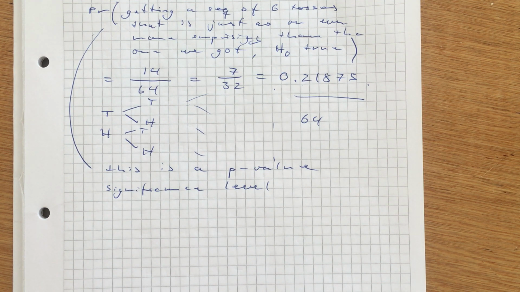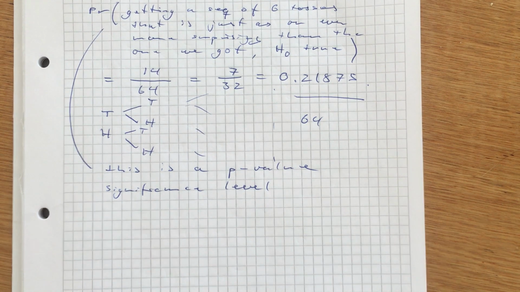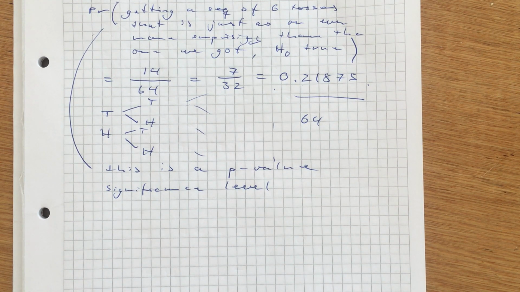We can't really make it 0. We can't make it 0 if we say that we never reject the null hypothesis, but then we will never be able to detect an unfair coin either.